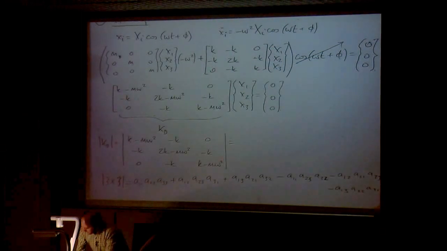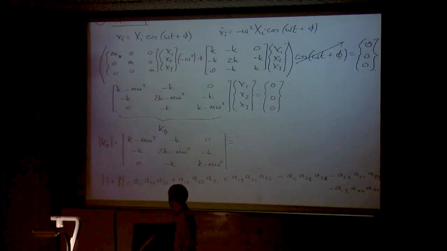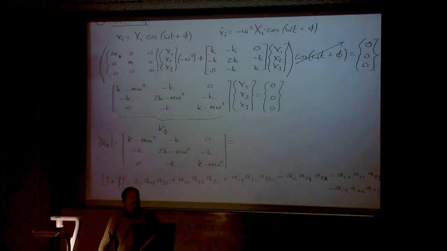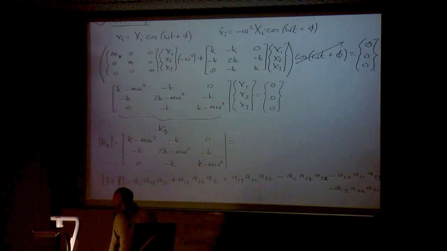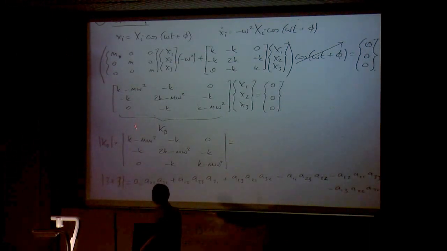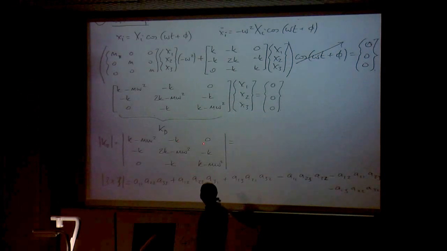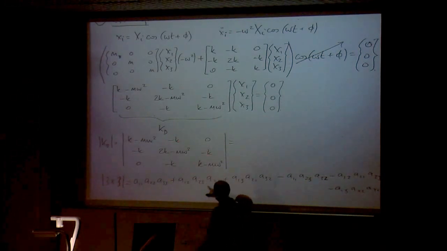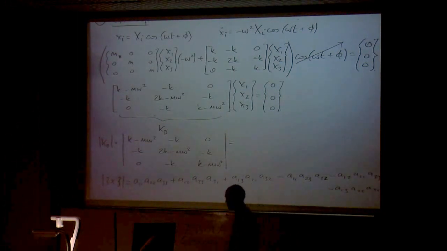So if you had a 3 by 3 where the terms in the matrix were A, that term would be A11, that would be A22, A33, A21, A31, and so on. This equation gives you the determinant of that 3 by 3 matrix.